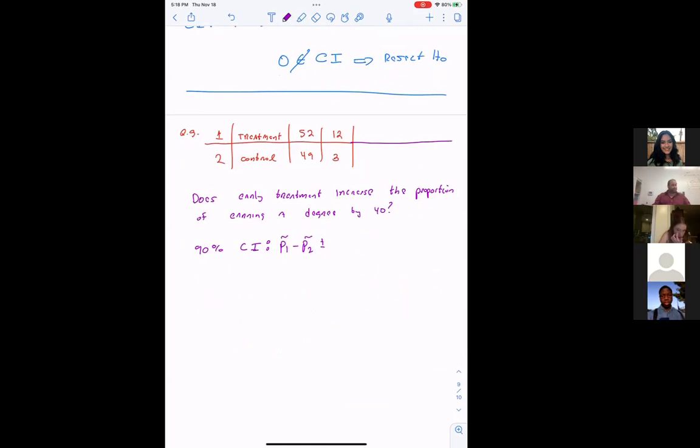Wait, so just for clarification, if 3 was greater than 10, we would use the large? That's right. Okay, got it. So P1 twiddle minus P2 twiddle, plus or minus what?